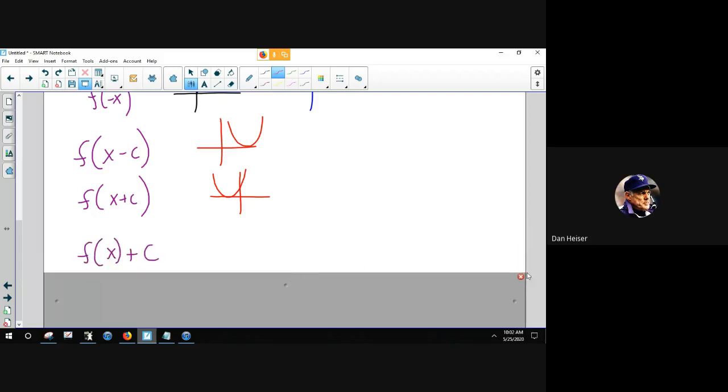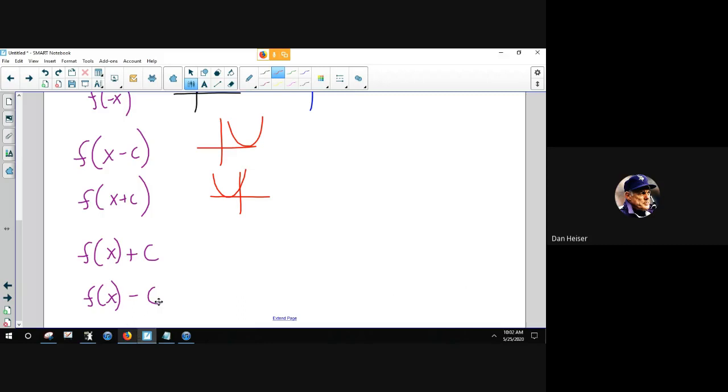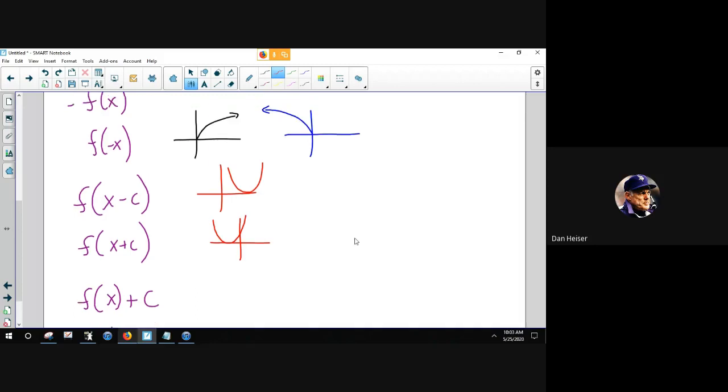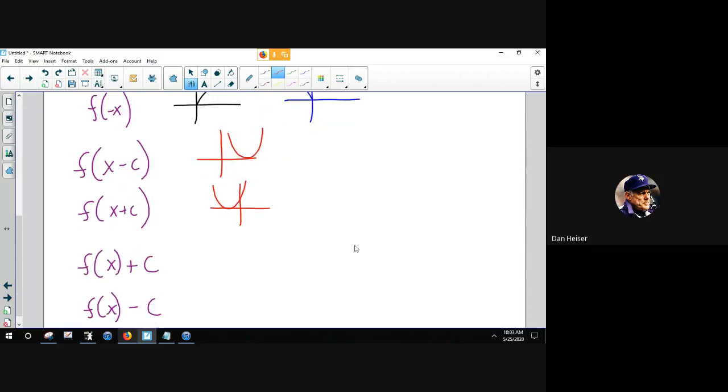Shift up and shift down. All the different ways we can manipulate functions by shifting, compressing, stretching, changing the steepness, rate of increase or decrease.